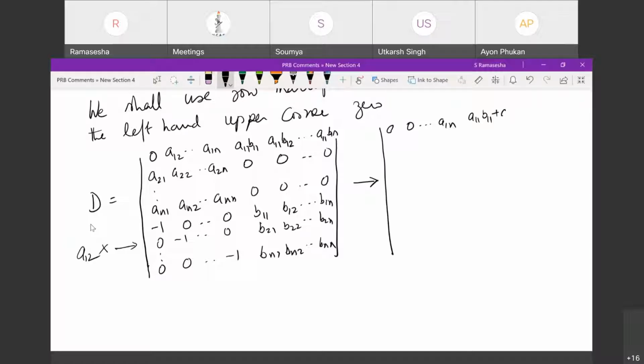The next one is A11 B12, to which I have to add A12 B22. And then the rest are all 0.